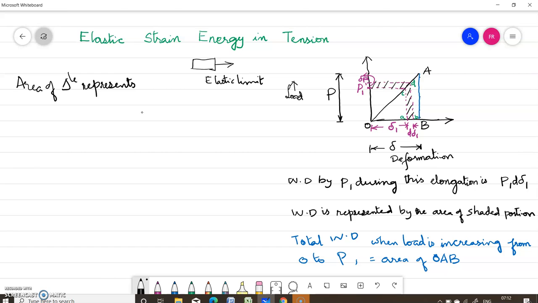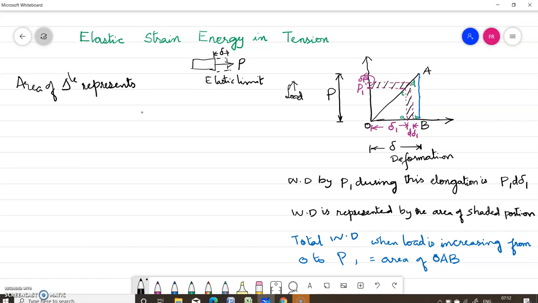If the final magnitude of load is P and the corresponding elongation is delta, we can show the tensile stress strain diagram like this, or the load deformation curve as OA.